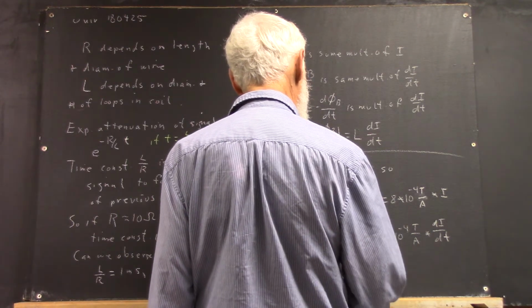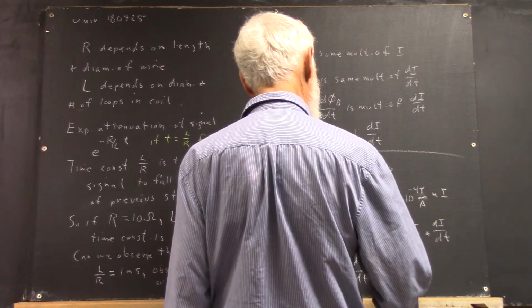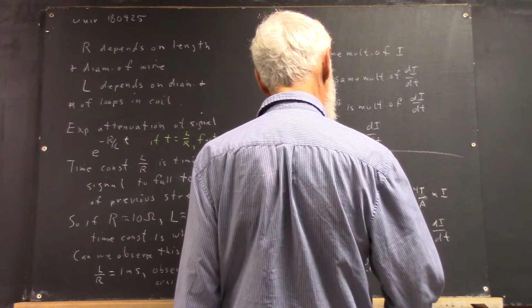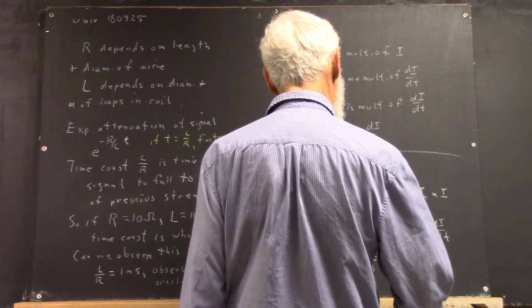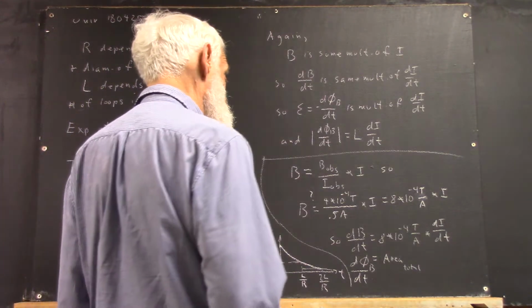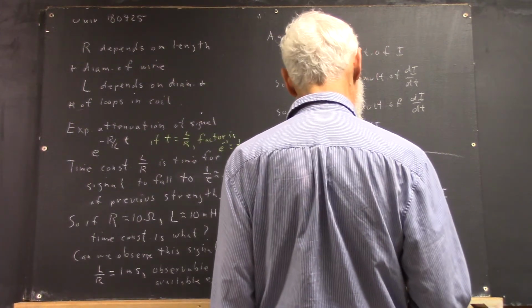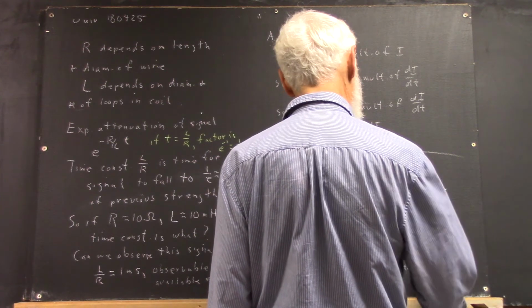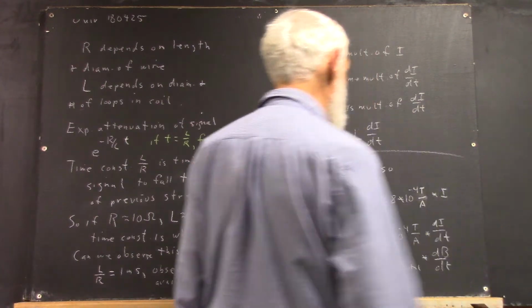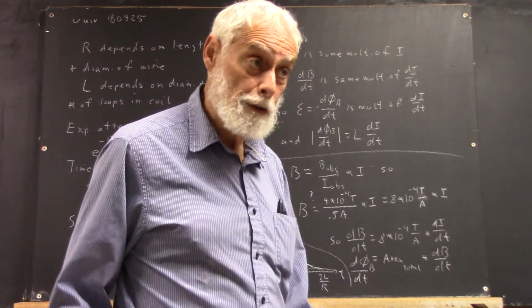I'll say area total times B. The flux is your magnetic field times your total area.